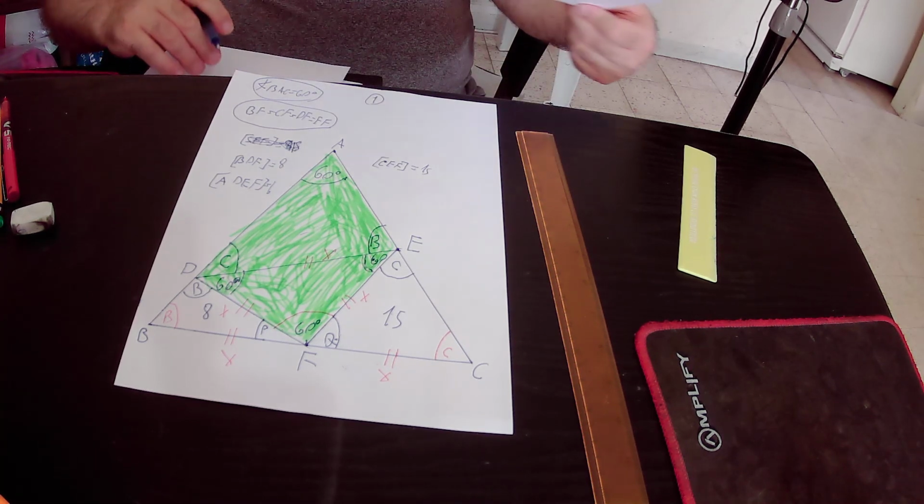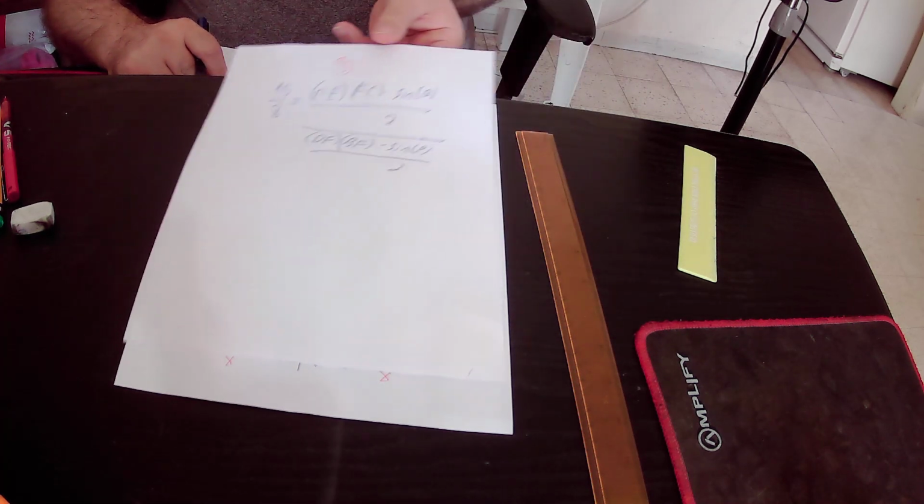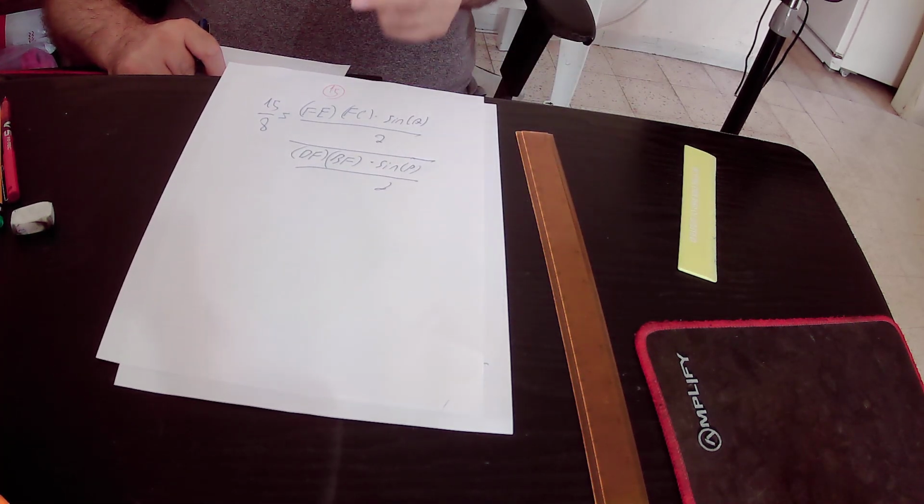Again, the area of the small triangle DBF, according to the formula, is DF times BF times sine P over 2.